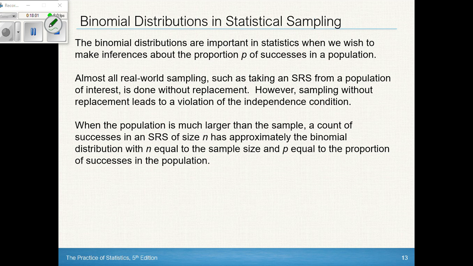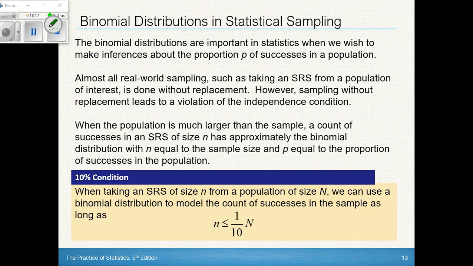So it says here more technically, when the population is much larger than the sample, a count of successes in an SRS of size n is basically the binomial distribution, with n equal to the sample size and p equal to the proportion of successes in the population. This is what we call the 10% rule.